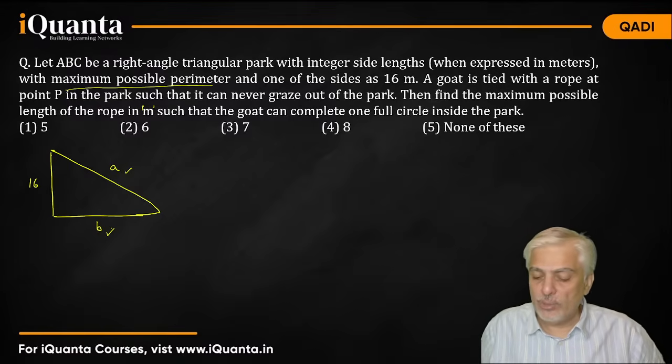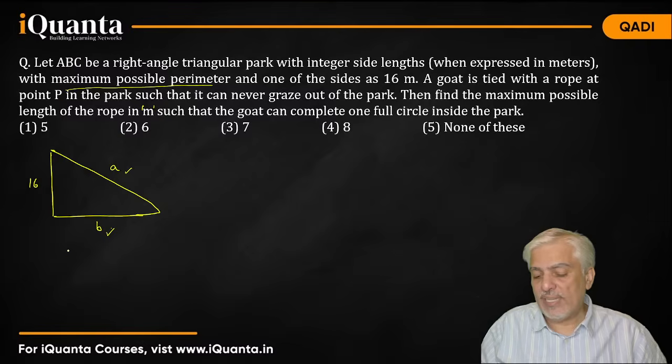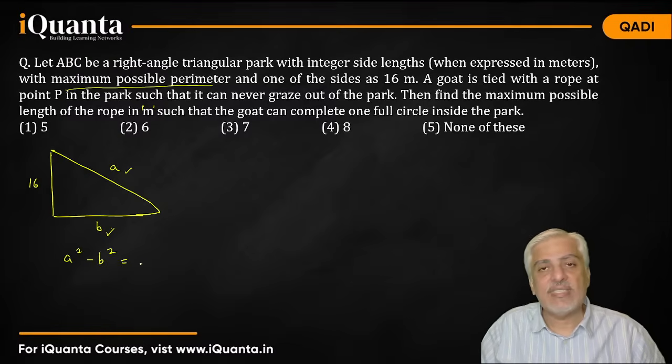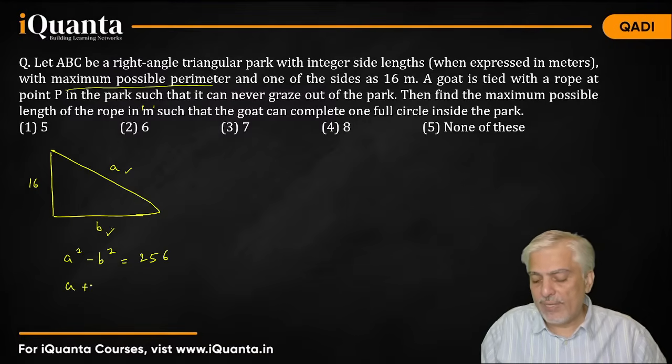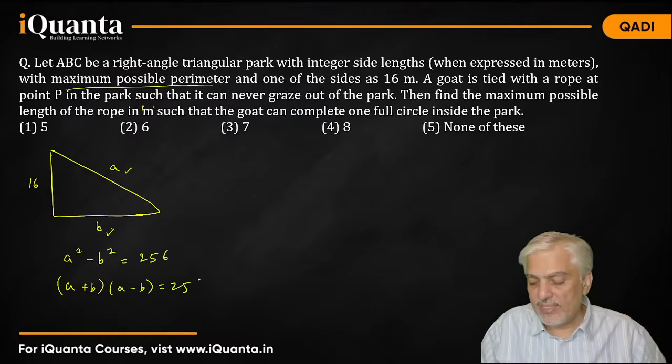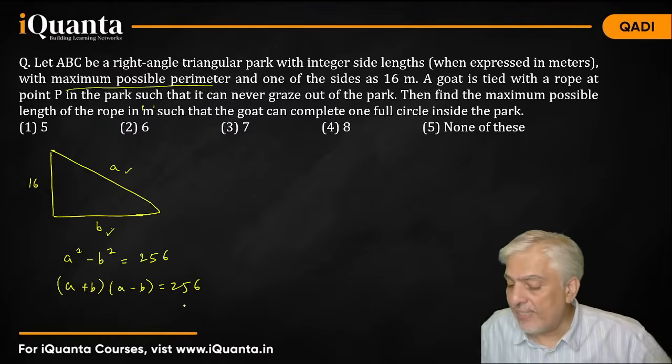Pay attention how you can do this. If I use Pythagoras, I'll get A square minus B square is 16 square, which is 256. A plus B into A minus B is 256. Everything has to be an integer.